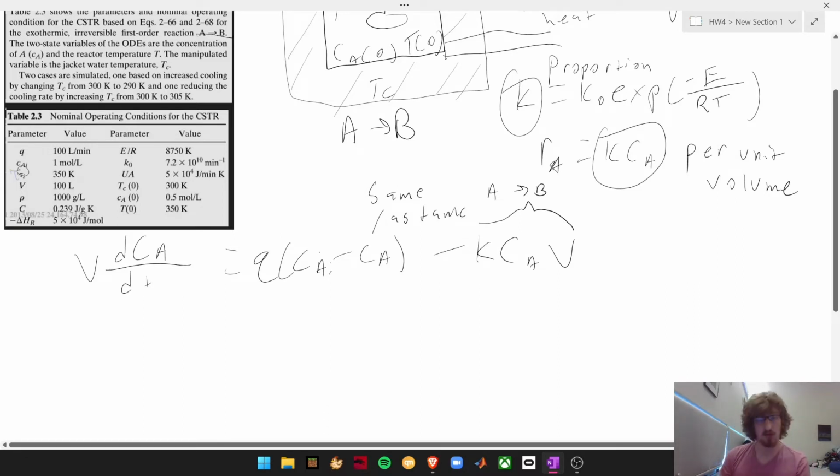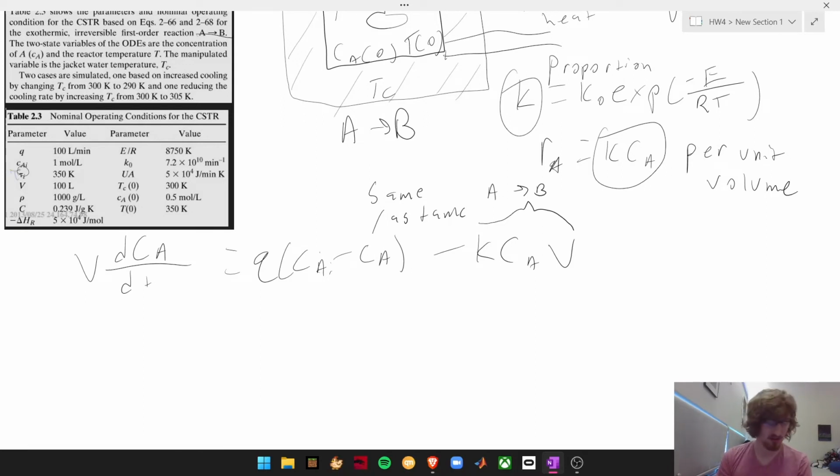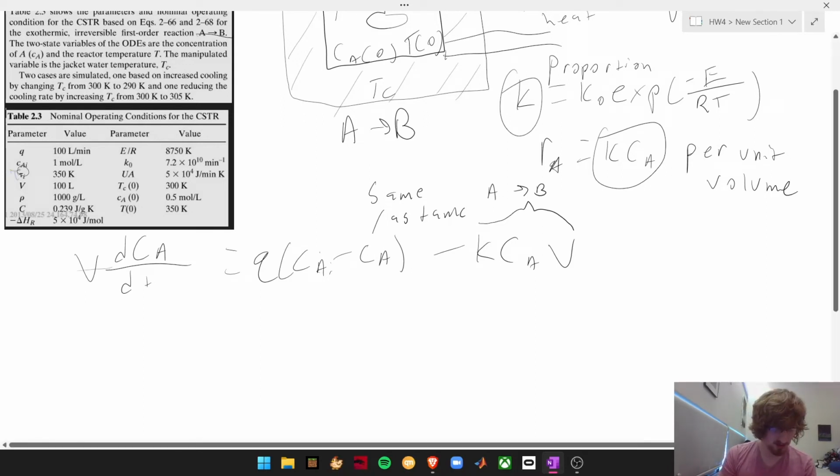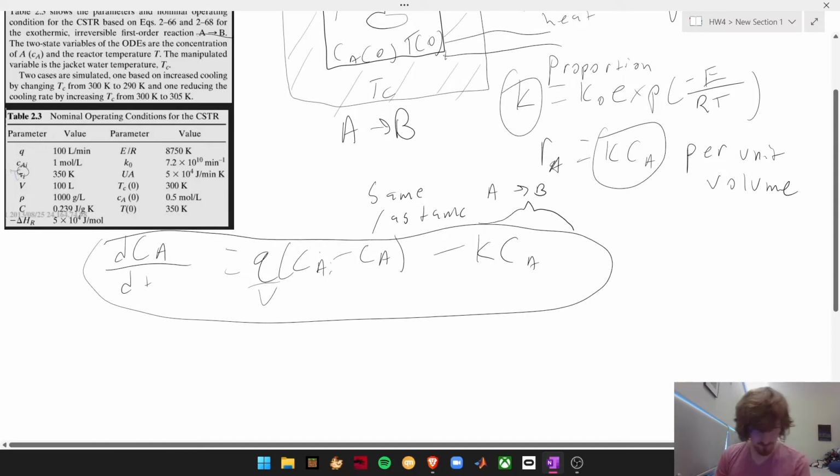And that's all we have to do to solve for the accumulation, and then to solve for the change in the concentration of A, all we have to do is divide this volume over, and we'll have Q over V, and then over here the volumes will cancel. So we are simply going to be left with this equation here, and that's our first equation.